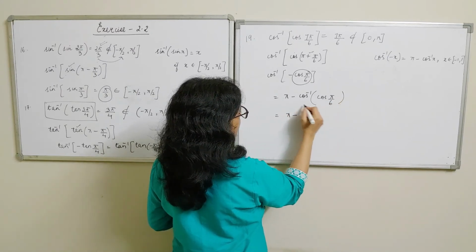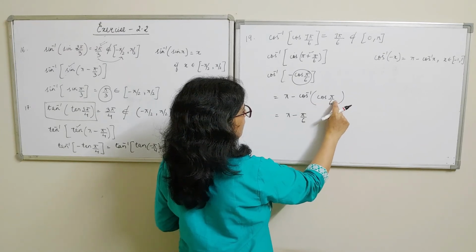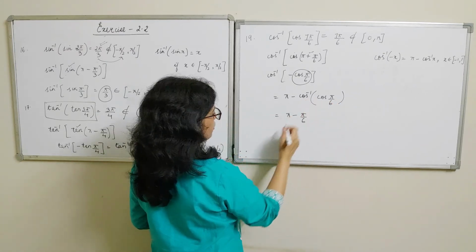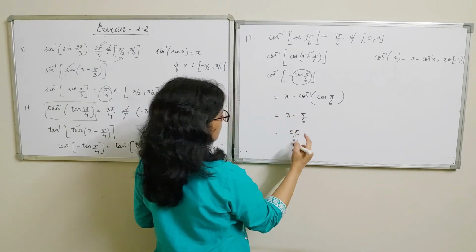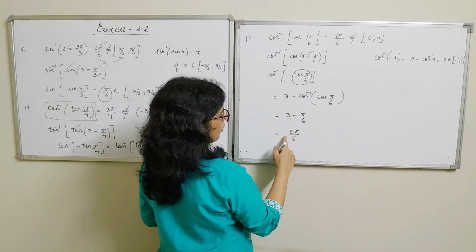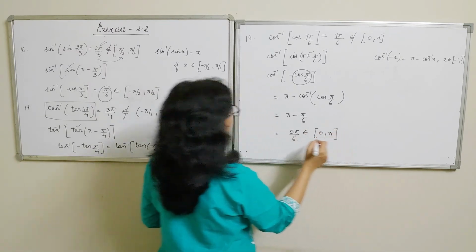So pi minus cos inverse of cos pi by 6 can be written as pi minus pi by 6, because pi by 6 belongs to the principal branch, and further simplifying we have the angle 5 pi by 6. This 5 pi by 6 means 150 degrees, and this belongs to the principal branch of the cos inverse function.